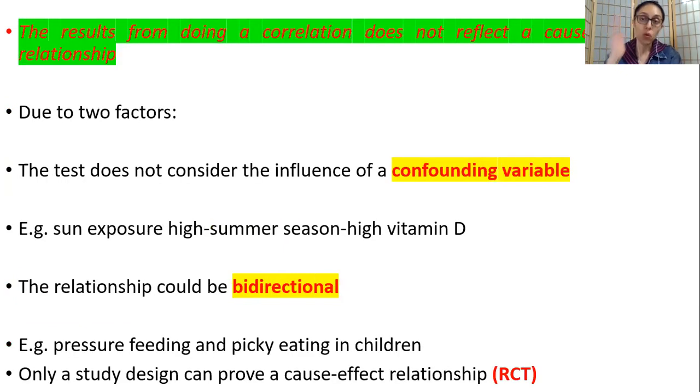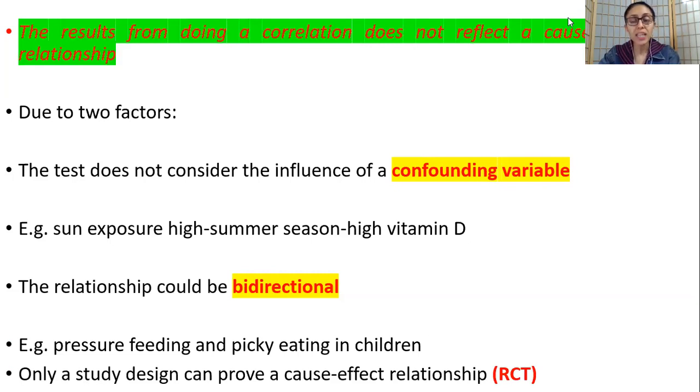Okay, so now moving forward. Very important, guys: when we say there is a correlation between say sun exposure and vitamin D levels, this does not equal a cause and effect relationship.